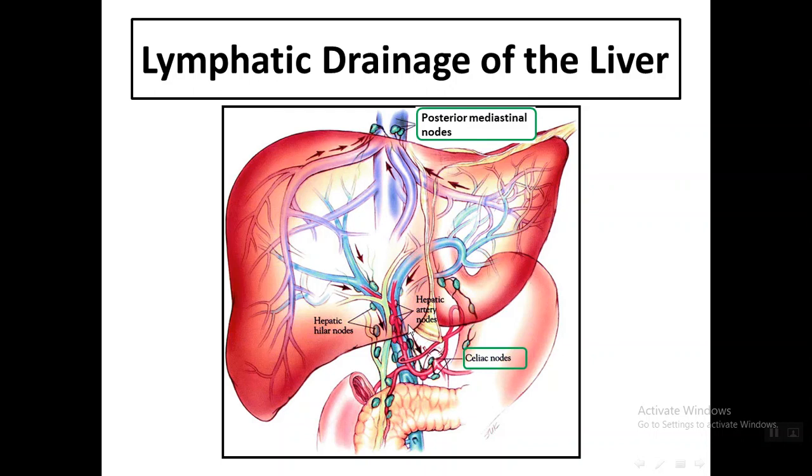Its lymphatic drainage will end in the celiac lymph nodes around the origin of the celiac trunk, while the bare area of the liver, or the extraperitoneal area, which is in close contact with the diaphragm, will drain lymph into the posterior mediastinal lymph nodes.